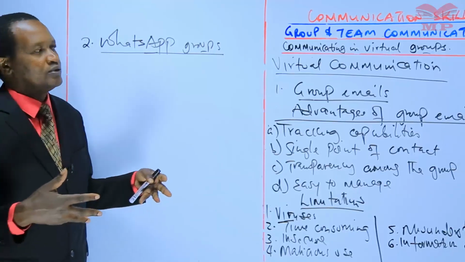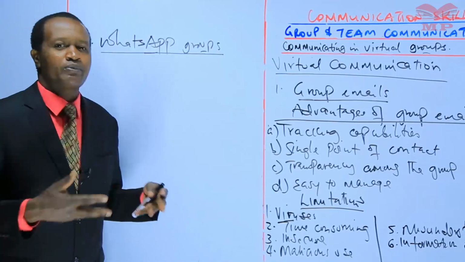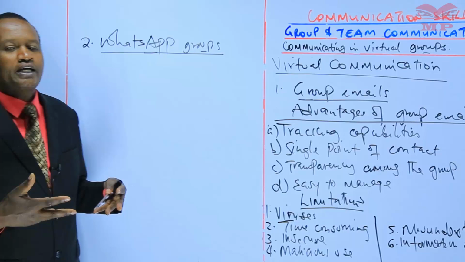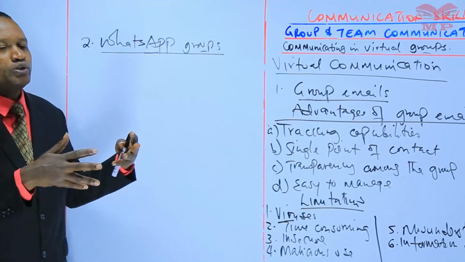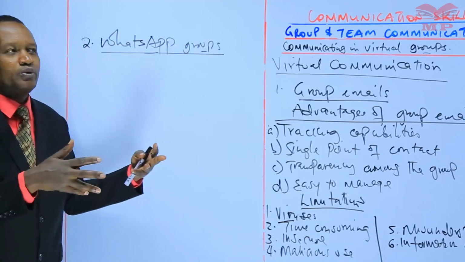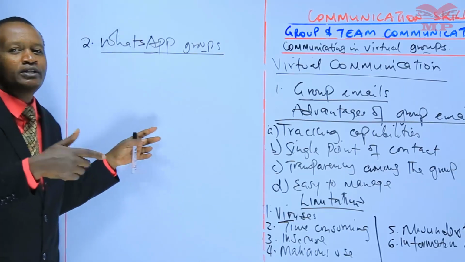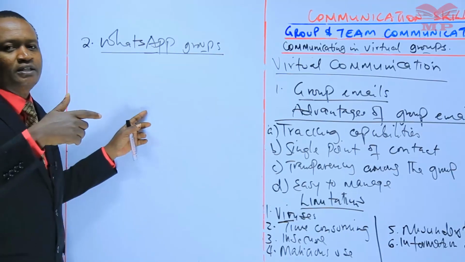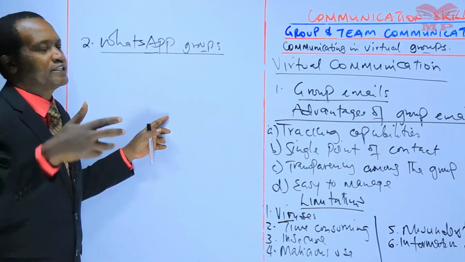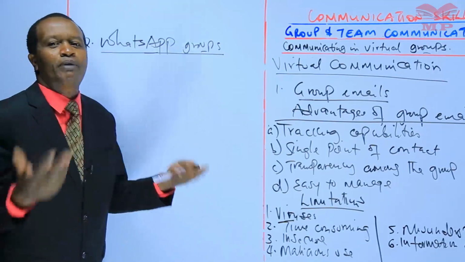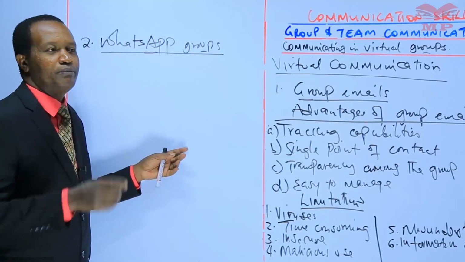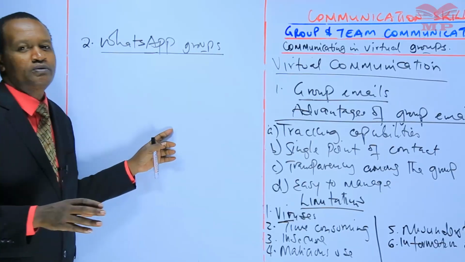So candidates, we are talking about sharing on WhatsApp. When you share or send a post, each post of a member of the group can be represented by a speech bubble.